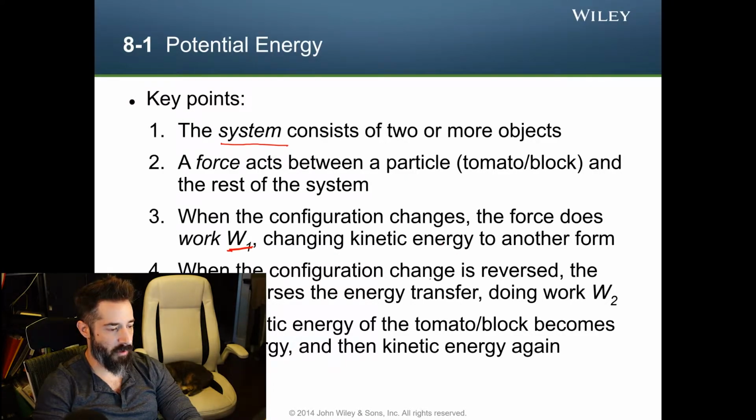So the reverse: if the configuration changes in reverse, the force reverses, then the energy transfer is doing work W2. So it's just differentiating between the first work and the second work, realizing that they are different. Again, the kinetic energy must either become the potential energy or not change. These have to be conserved. So in this system, everything's conserved.